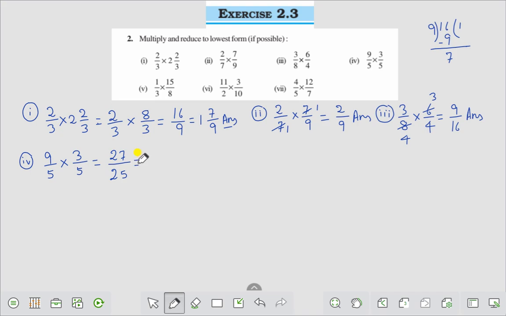If we divide 27 by 25, here 25 1 is 25. That is 2. That is we are getting 1 whole 2 by 25.